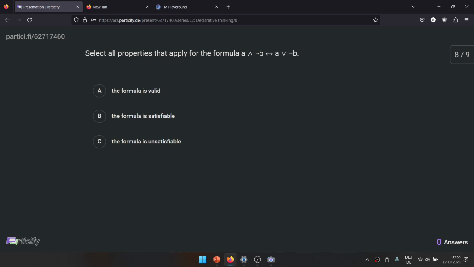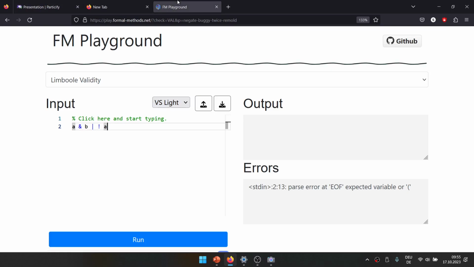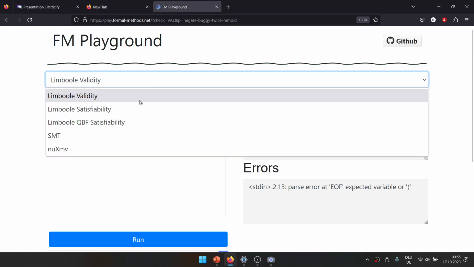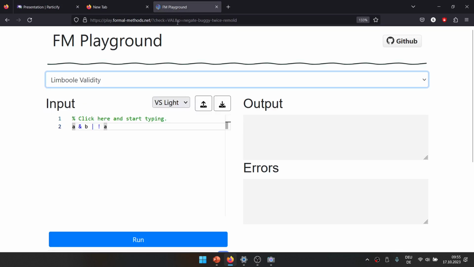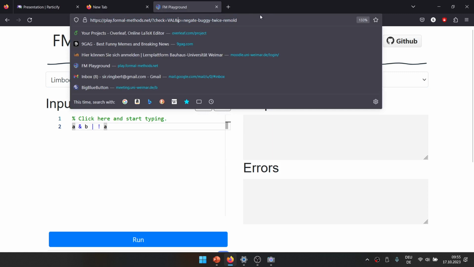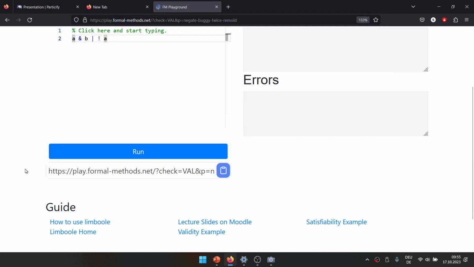Now, how do you do this? Well, you could use this satisfiability and validity check. One thing, if you want to share the formulas that you wrote here: whenever you hit run, it generates a new permalink, and then you can send this thing around, and that's why it has these strange names here.